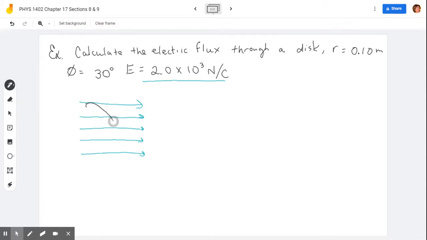So picture this circular disk such that our normal to that surface, here's our normal, happens to make an angle of 30 degrees. So it's not the surface itself that's at a 30-degree angle with the electric field, but that normal segment, that perpendicular segment. I often think it's almost like we stuck a handle on the area. So there's our normal right there.